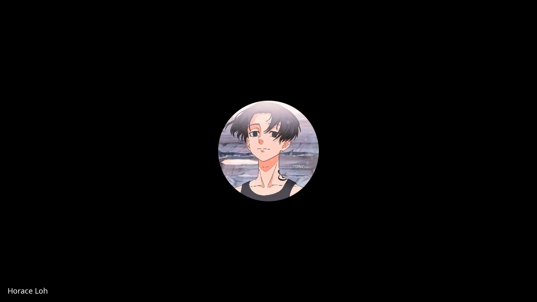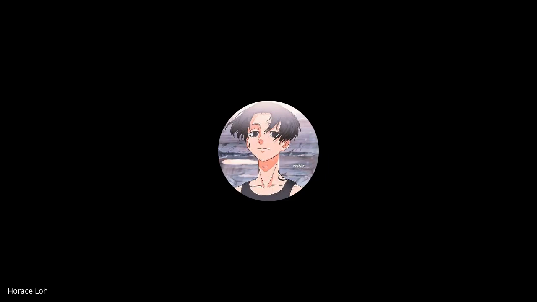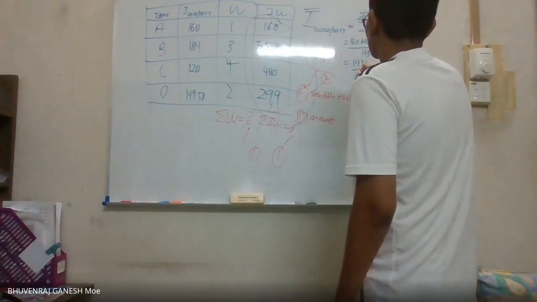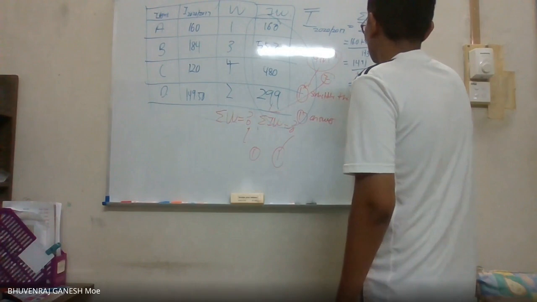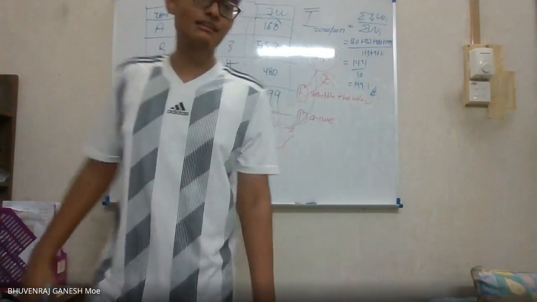Your question is 100, right? 1491. So the answer should be 149.1, which is correct. That's the composite index.